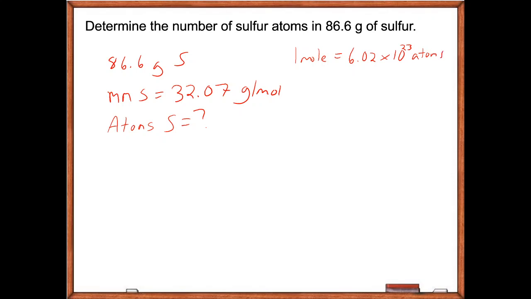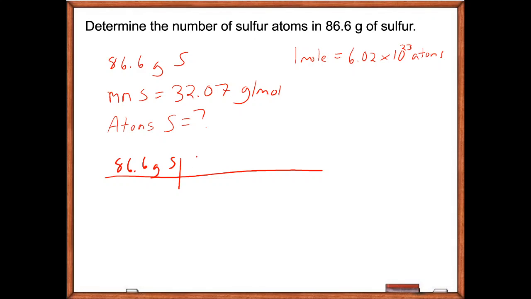Okay, so let's just set up our dimensional analysis. We're starting from 86.6 grams of sulfur. The first thing I want to do is get to atoms. So what's the first thing I should do? I should go to moles first, right?